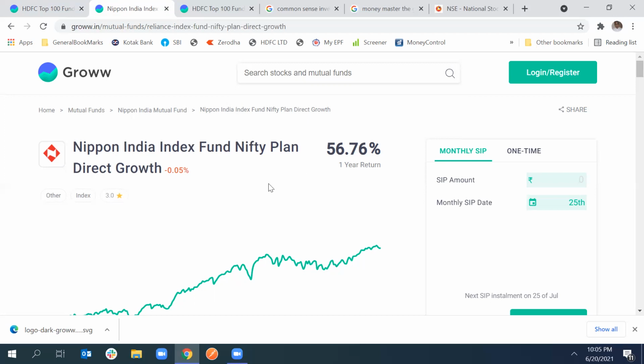You search on this particular site or whichever you use for Nifty 50 index fund. Among all the mutual funds you see, select the one offering the least expense ratio. That's it. Invest blindly.